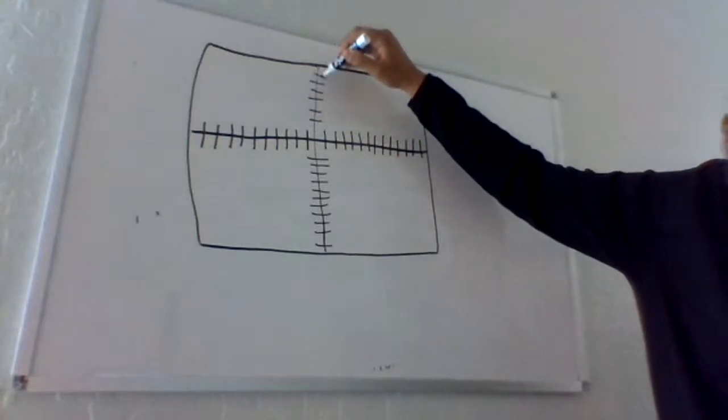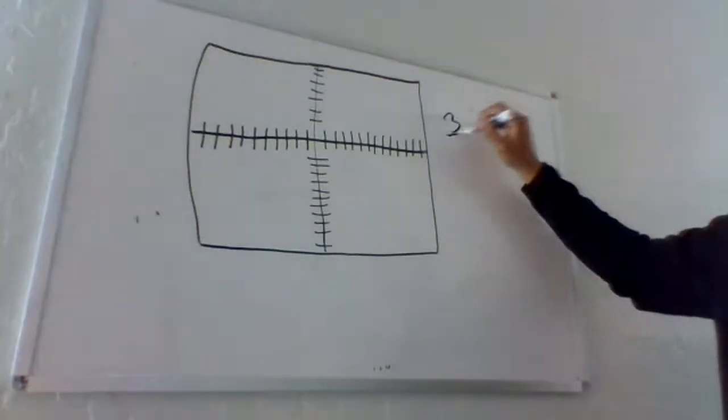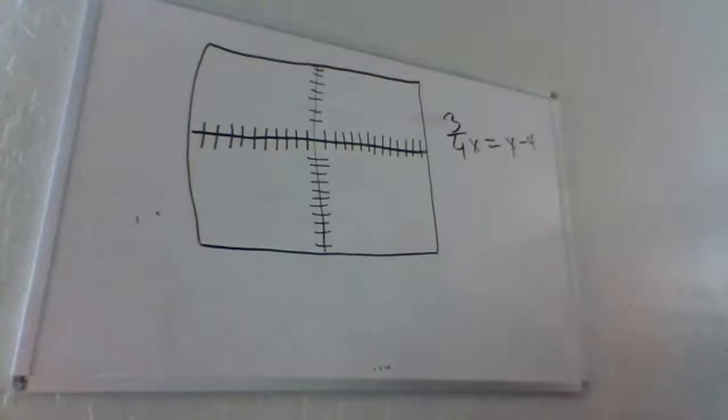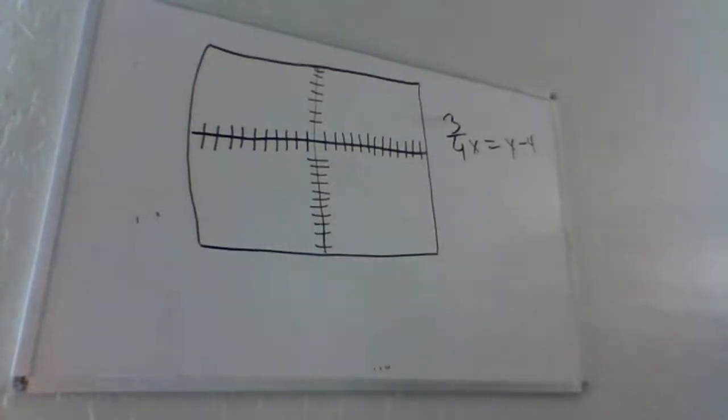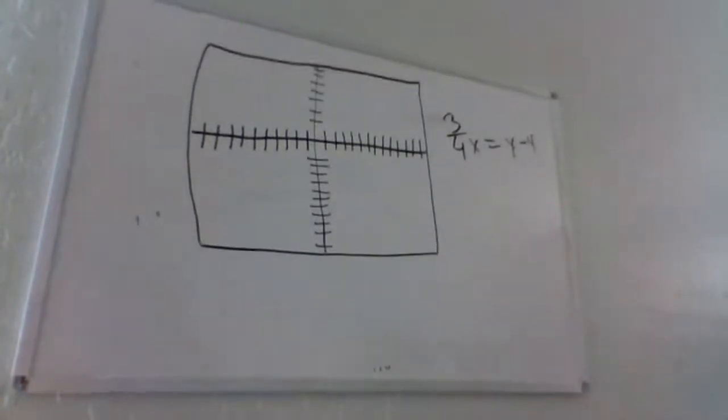Did they give it to you in slope intercept form, or did they give it to you something like this? No, this is okay for me. This in algebra was okay for me, but going from formula to graph or from graph to formula.